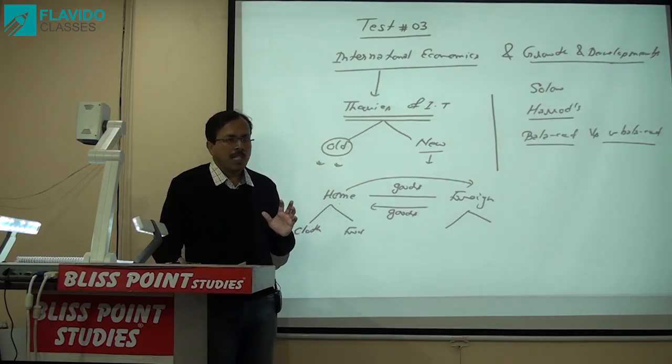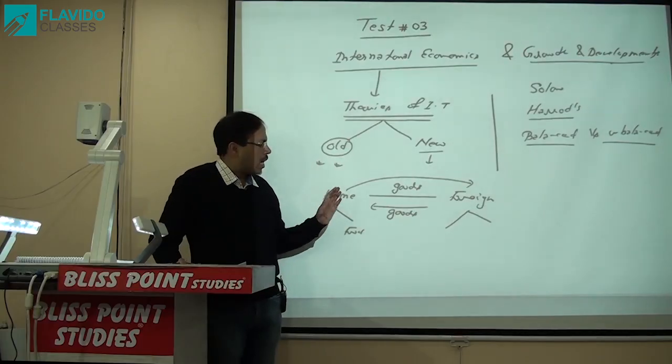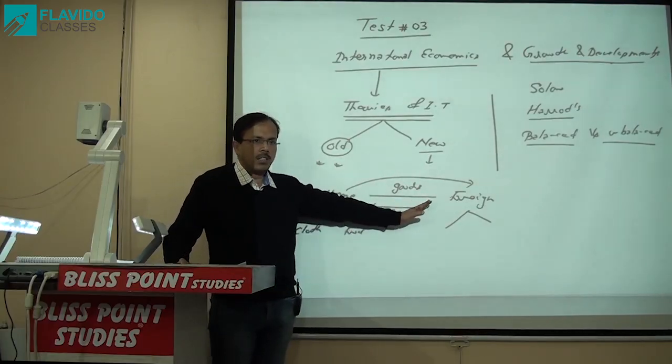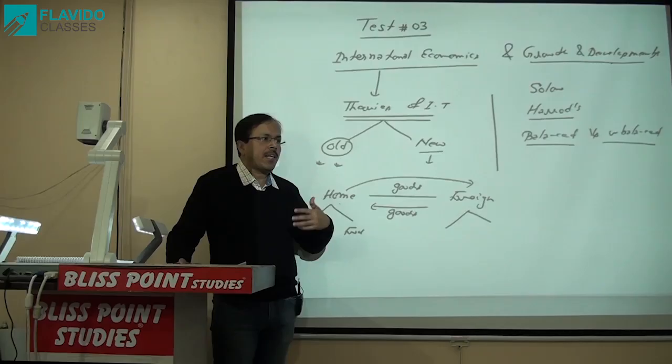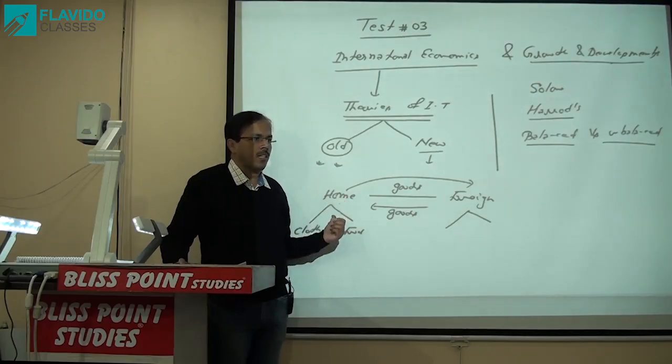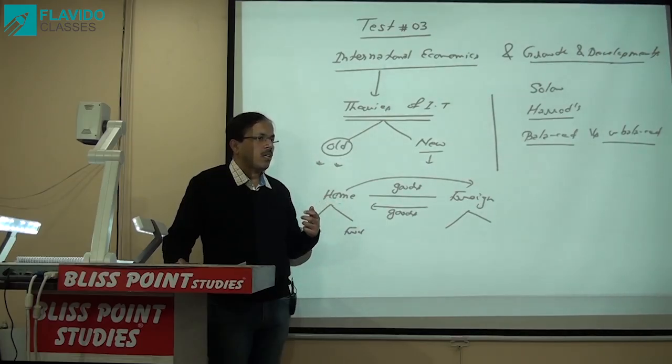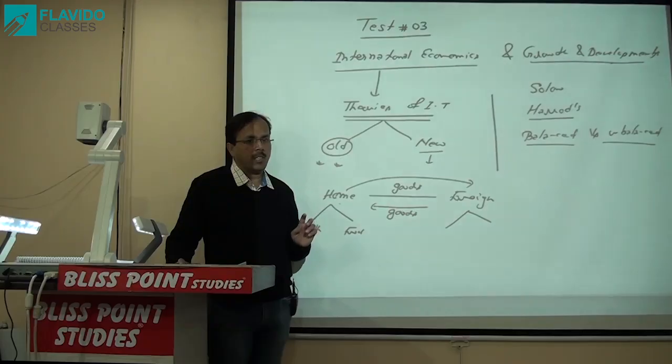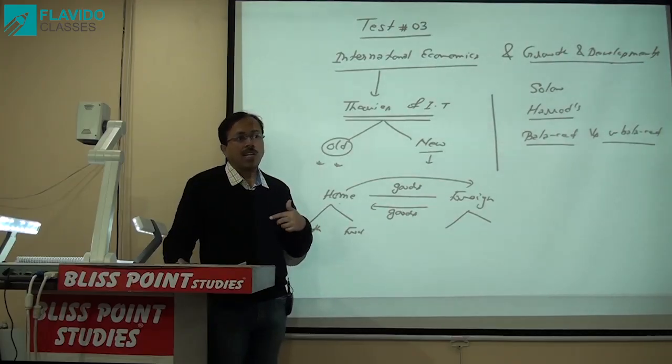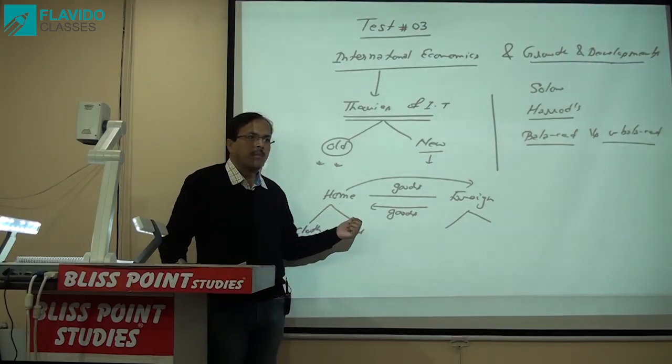So the home country allows the foreign country to use the benefit of its abundant factor. The home country is not selling labor, but it is selling goods produced with labor intensive technology. In that way, indirectly, the factor of production also moves.